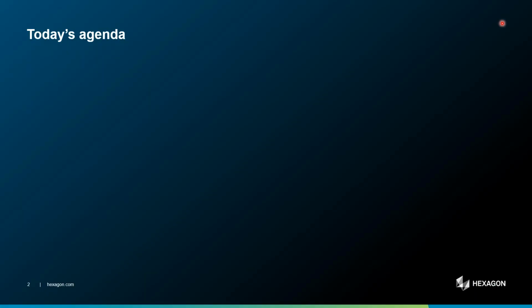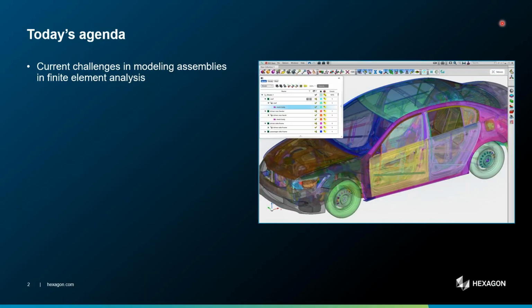Our agenda for today is we're going to look at some of the current challenges in modeling assemblies in finite element analysis. We're going to look at how MSC Nastran modules address these challenges. Modules might be a new term to you, but it derives from the fact that so many structures are designed in a modular fashion. They're built and assembled in a modular fashion.